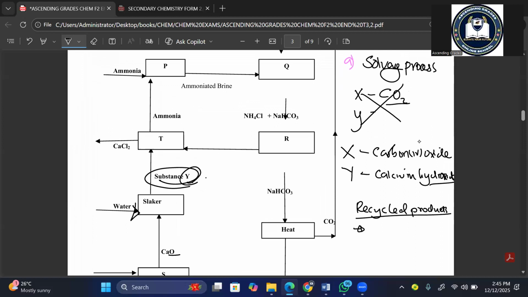So we have one, water, even though it is not a product. We have carbon (IV) oxide. And then we have ammonia.